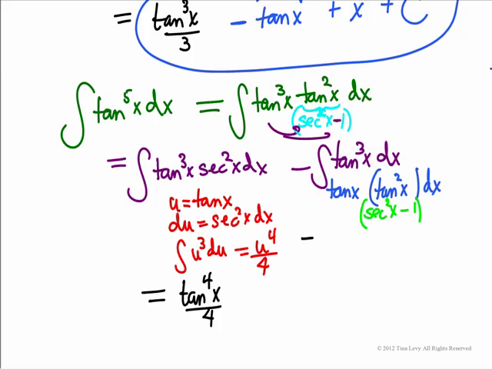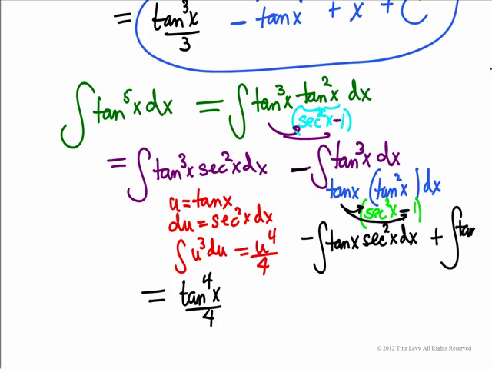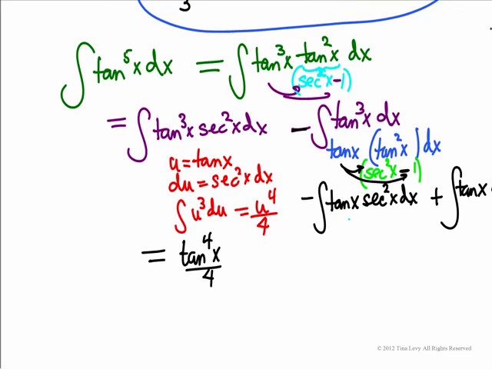And now this second one, we're going to distribute the tangent through. So it's minus the antiderivative of tangent x secant squared x dx, and minus a minus is plus the antiderivative of tangent x dx. Working tangent x secant squared, this is a u substitution again, and we get the integral of u du, and that's going to give us u squared over 2.